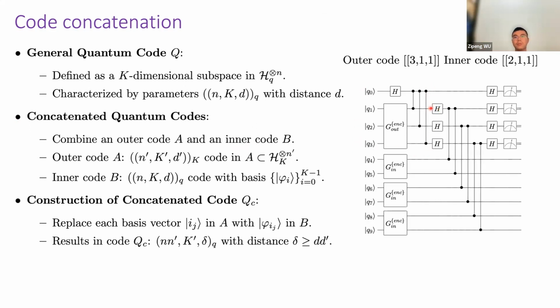Then each output of the outer code is connected to the encoder of the inner code. This structure can easily be transformed into the JX encoder diagram. We simply connect the output nodes of the outer encoder to the input nodes of the inner code.